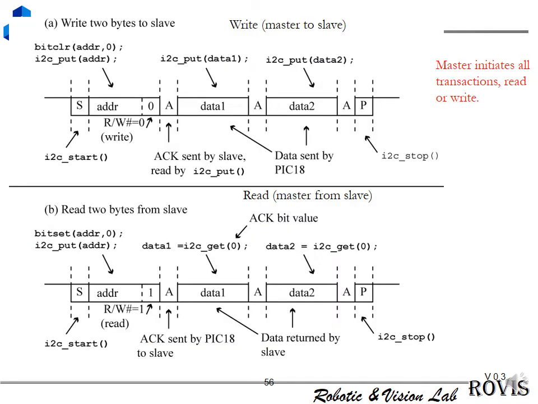And what is the protocol? Because we have master and slave, the first case is that we want to send a byte to the slave. First we must have something called the start bit, and then we transmit the address of the slave we want.